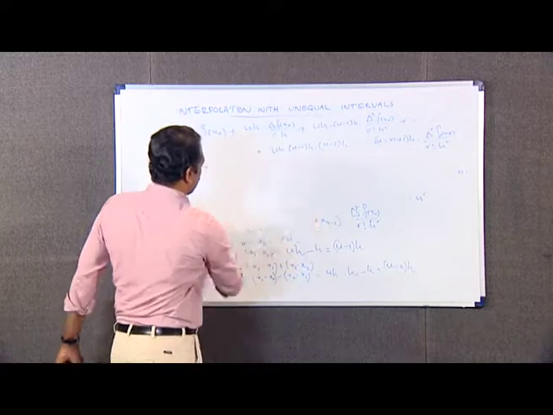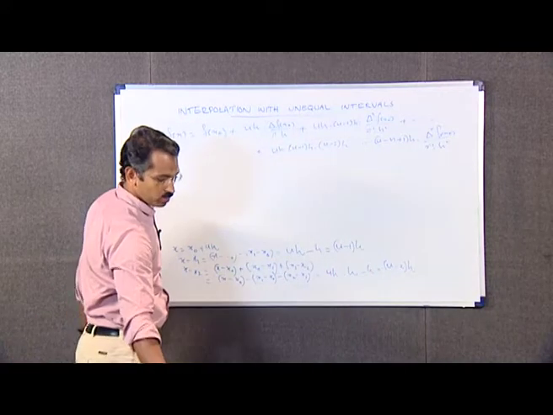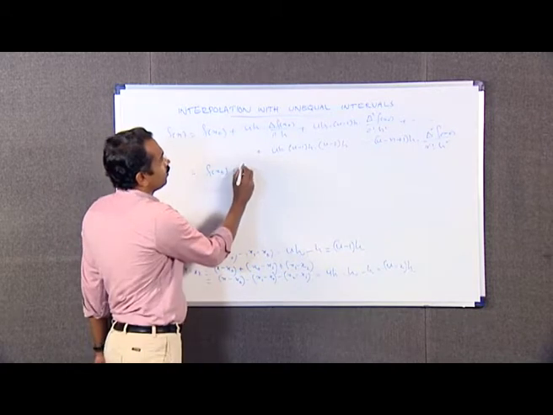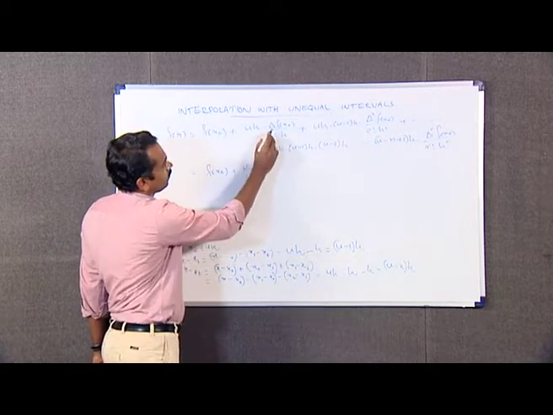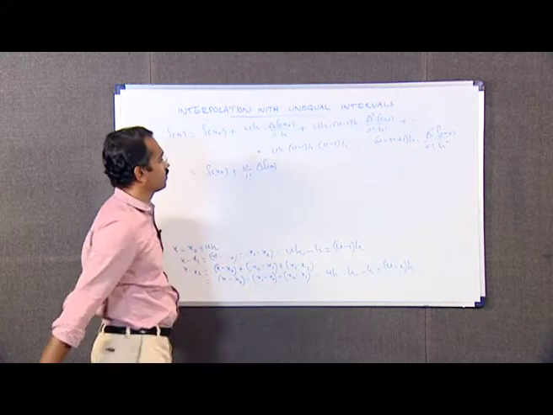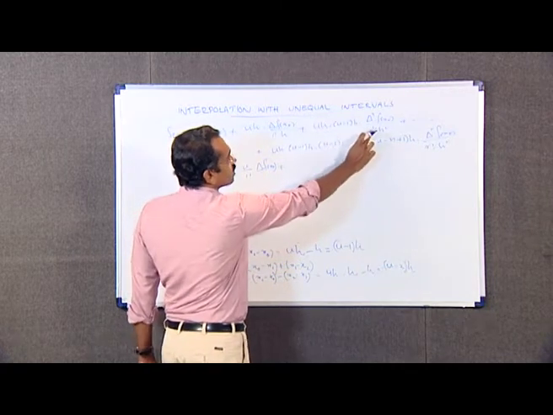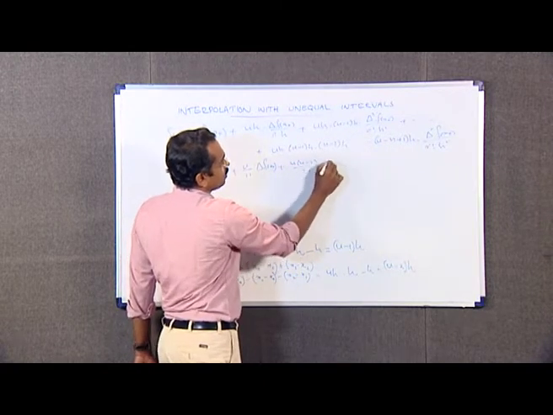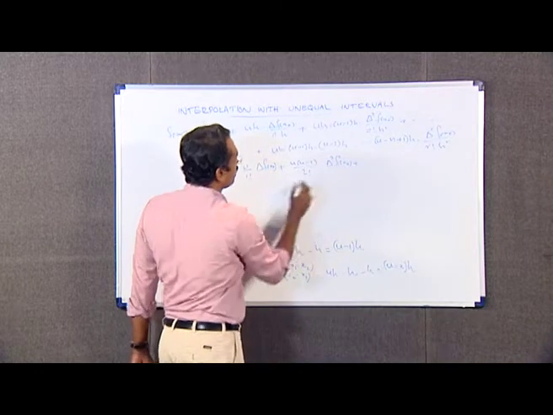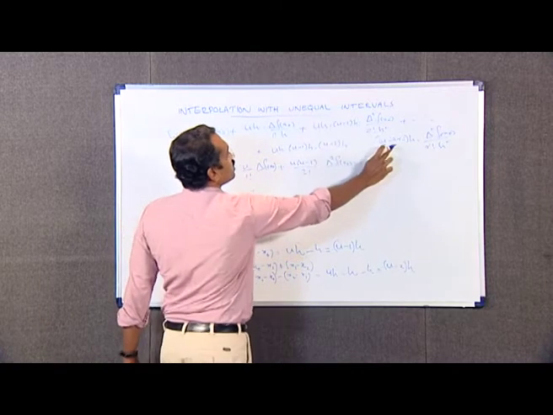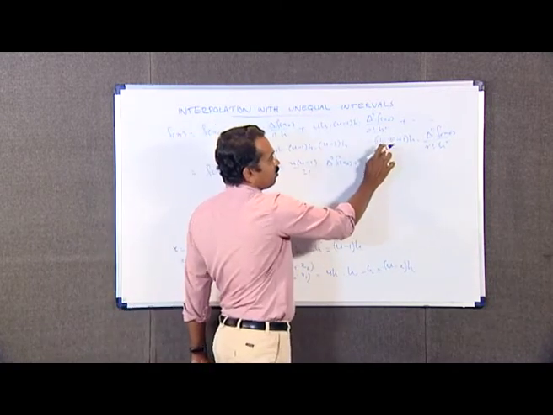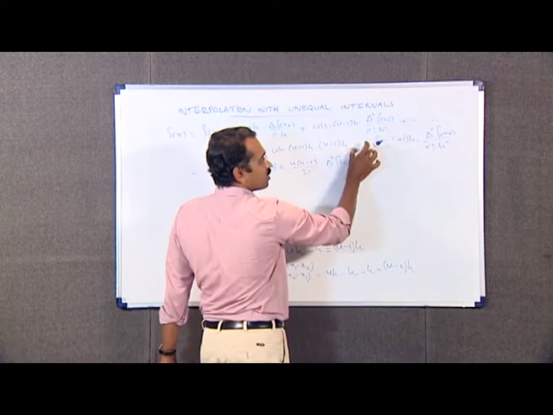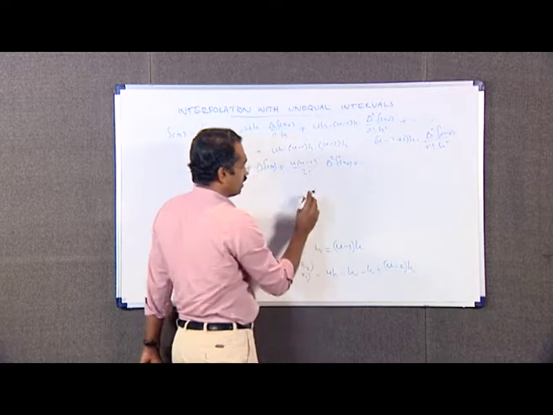This is equal to f of x naught plus, here h and h cancelled, u by 1 factorial into delta f of x naught, plus, here h into h is h square and this h square cancelled, u into u minus 1 divided by 2 factorial delta square f of x naught, plus etc. Plus, here u minus r plus 1, r times h multiplied, therefore h raised to r in the numerator cancels with the denominator h raised to r.